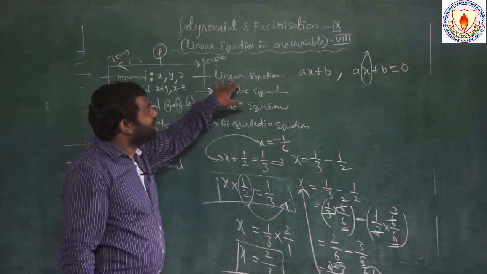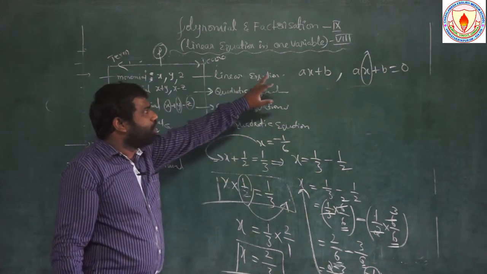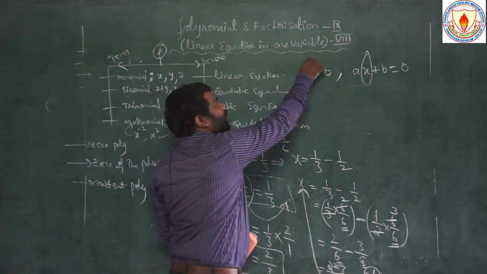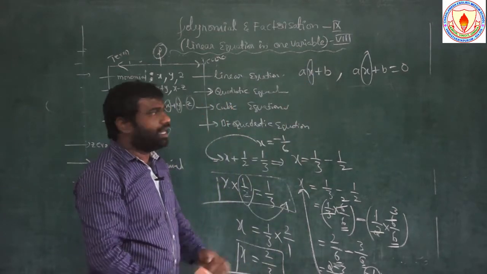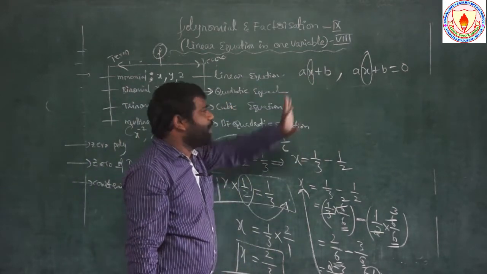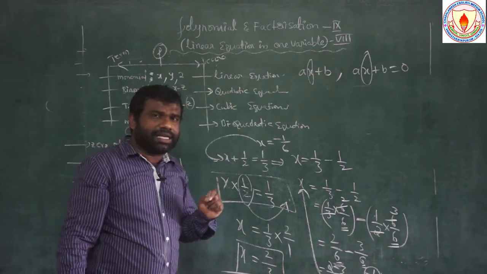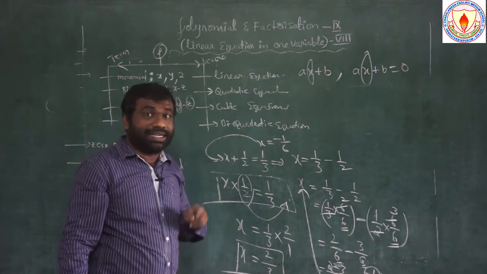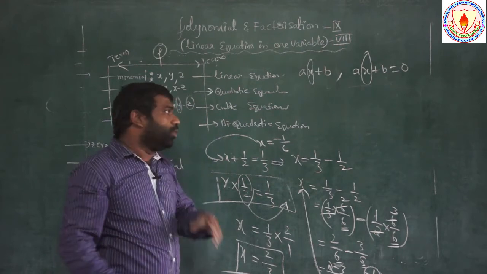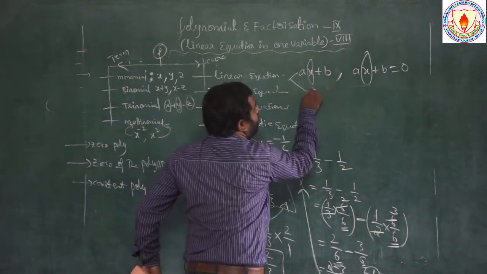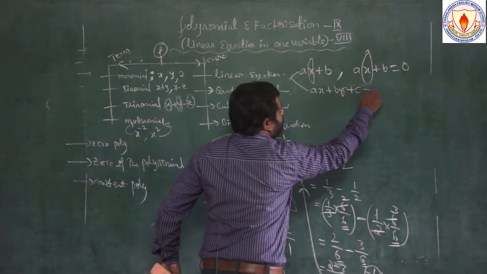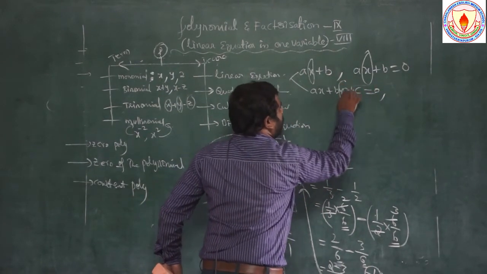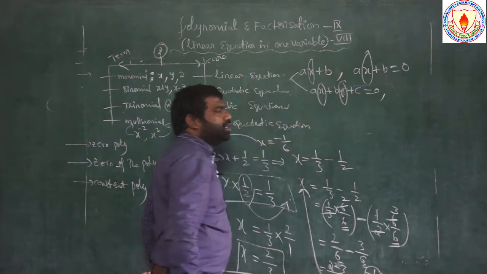Nothing but in 8th class concept, linear equation in one variable means one variable is involved in the polynomial or equation. In 10th class, linear equation in two variables, that is ax plus by plus c is equal to 0, involving two variables x and y.